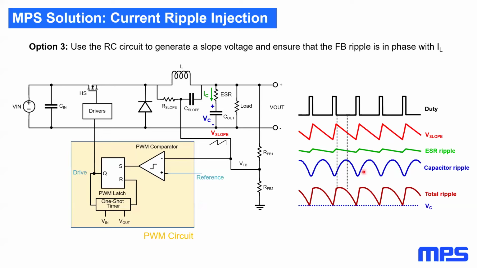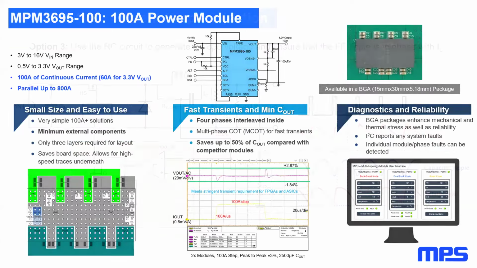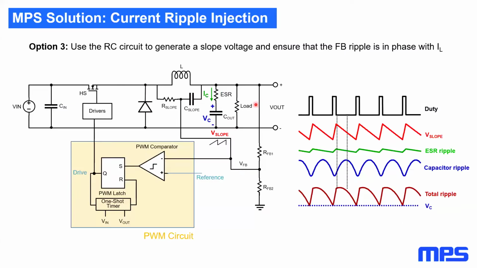Because if the capacitor voltage is the main component of our total output voltage ripple, then we can enter subharmonic oscillation, which is potentially going to bring us into instability.